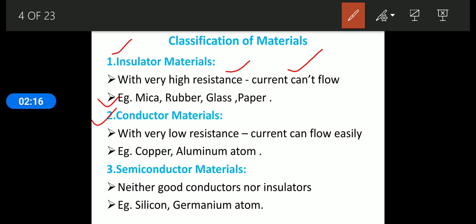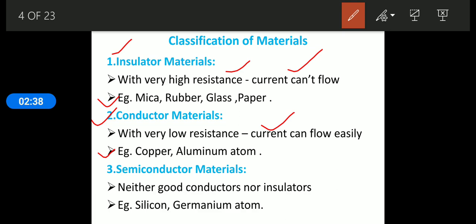What is the conductor material? The conductor material has very low resistance. The current can flow easily through the conductor materials. That is, the conductivity of conductor material is very high, and the resistivity of conductor material is very low.